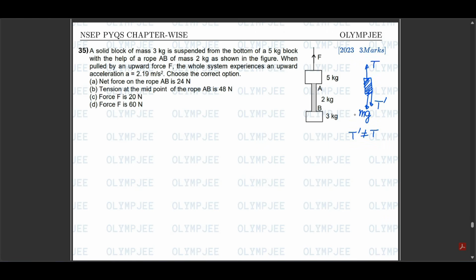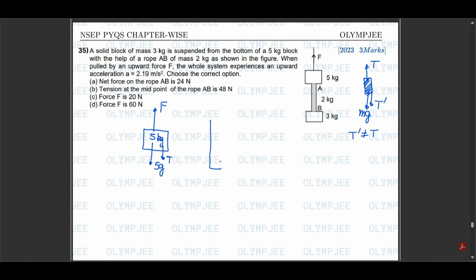So keeping this in mind, let us draw the FBDs of each body. The 5 kg block will experience 5g downwards, F upwards, and a tension T downwards, right?